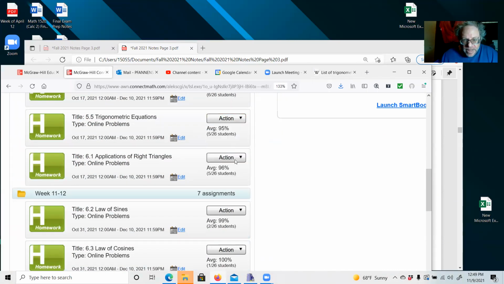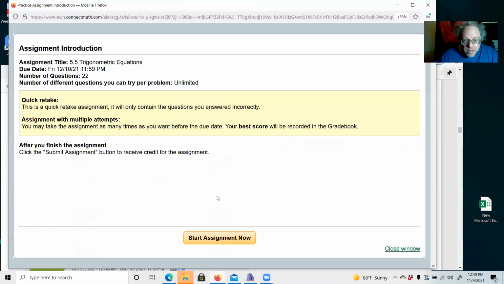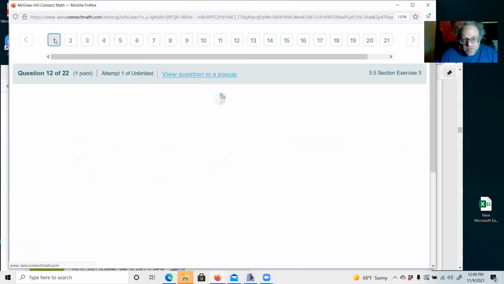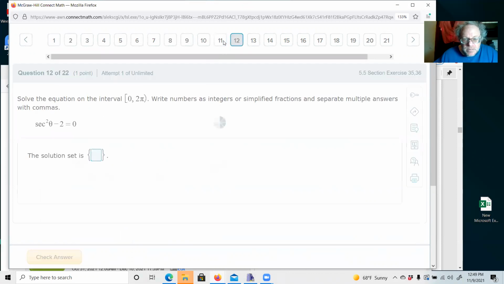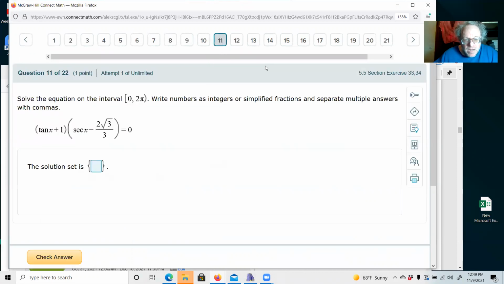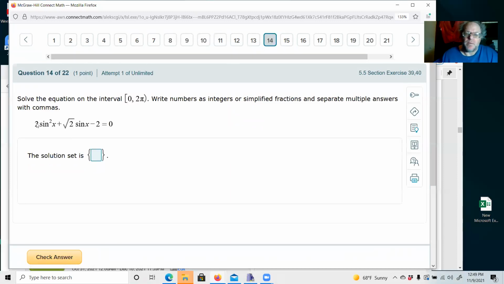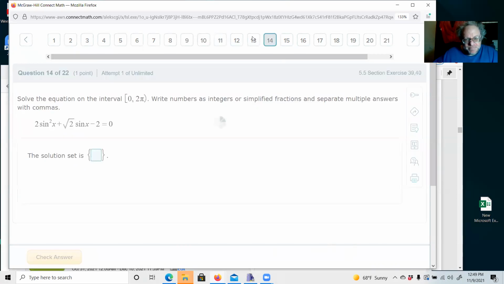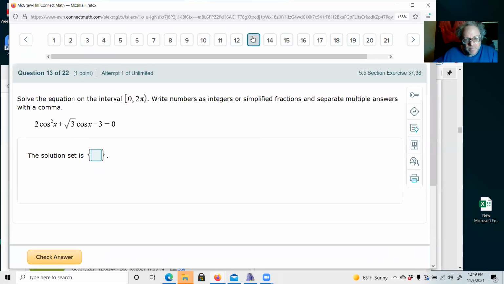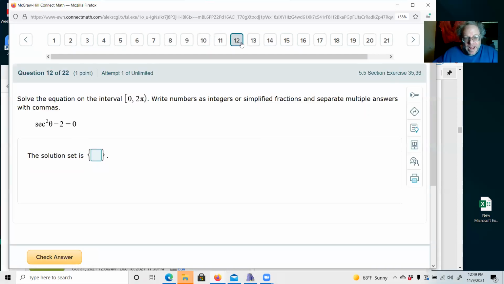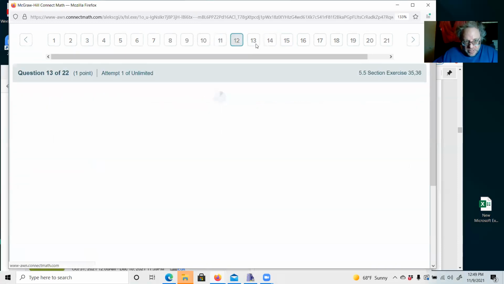So we'll go ahead and take a look at that. Okay, start assignment now, please. And we're going to want something in the middle. I'm not going to give you the ones at the beginning. Didn't pick that one. Oh, that one looks glorious. Okay. That one looks glorious too. All right, if you can factor them, you should.